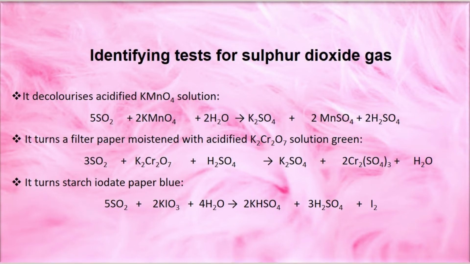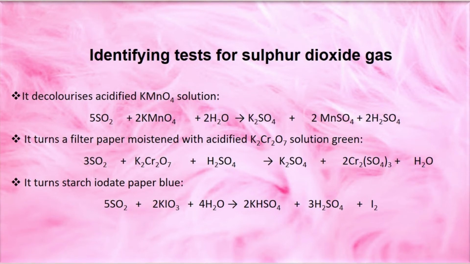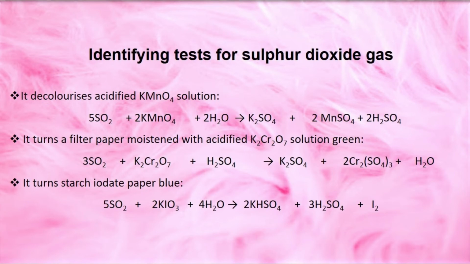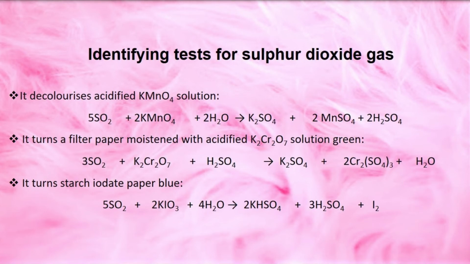When sulfur dioxide gas is passed into this purple color solution, it decolorizes the purple color. Sulfur dioxide reacts with potassium permanganate to give potassium sulfate, manganese sulfate and sulfuric acid. Hence it decolorizes the potassium permanganate solution.